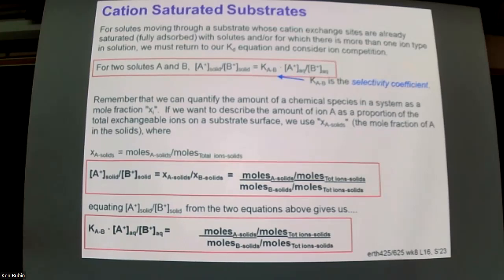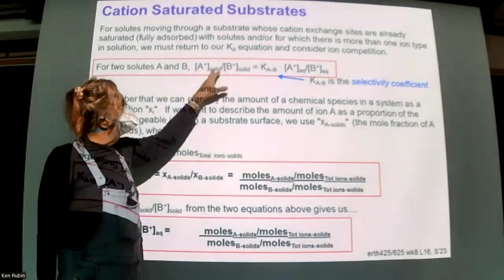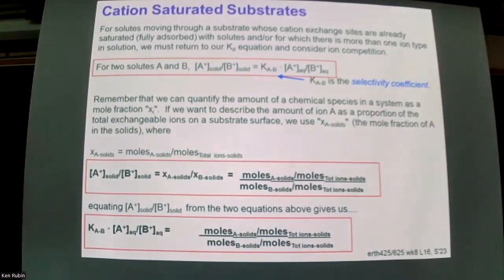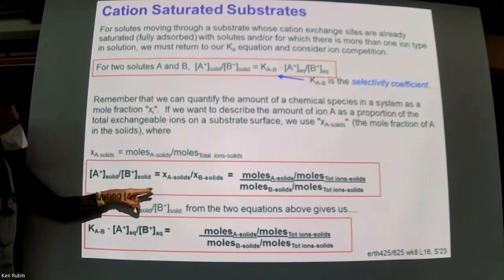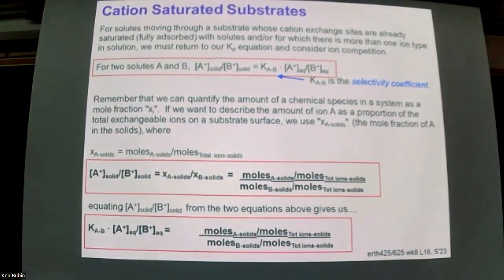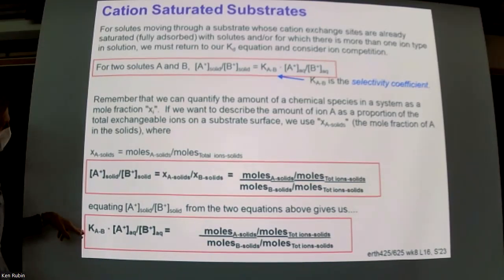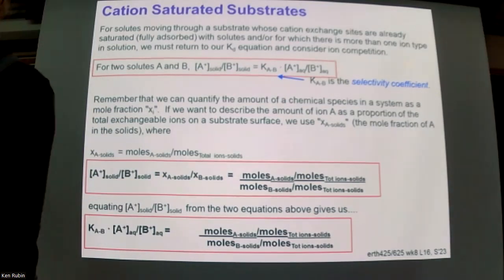But we can also think about this relative to all the ions in solution. And the way we do that is to integrate this up. We say, well, instead of looking at the moles of this that's stuck to the solid or in the water, let's think of them as mole fractions: the moles of those things divided by the total moles in solution, for all the ions in solution. And then we can generalize this even further, which I'll do on the next slide. Instead of comparing A to B, let's just compare A to everything else in solution.